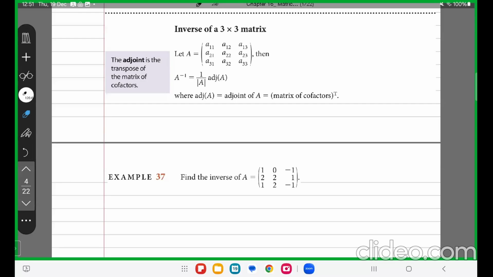So next we're going to talk about the inverse of a 3 by 3 matrix. That's the general format of a 3 by 3 matrix.